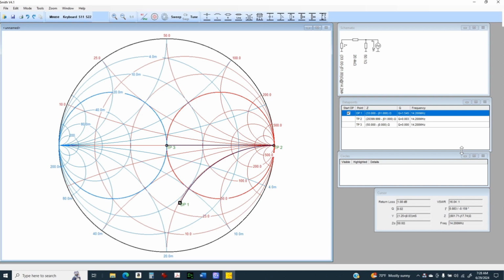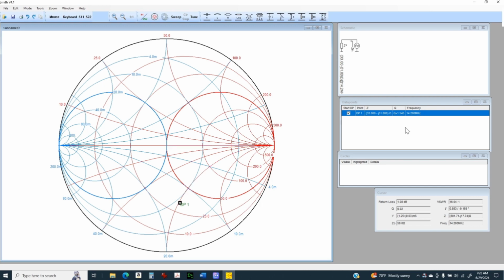Let's look at our result right now. Our result says 50 minus j0.00000 with a Q of 0.000. Absolutely perfect, dead on the money. So yes, we did cancel out the reactance, and we did that just using resistors. That is very unorthodox. It's very seldom done, but it can be done.